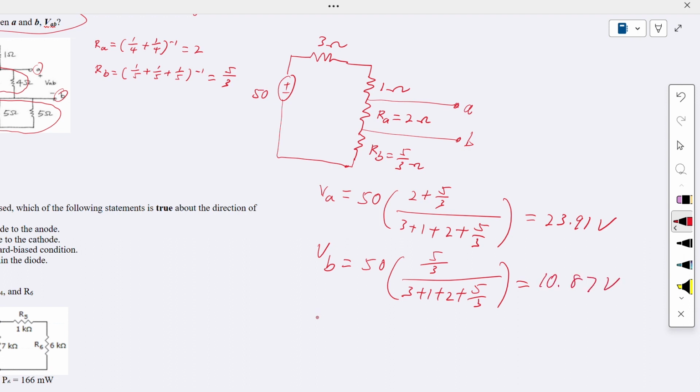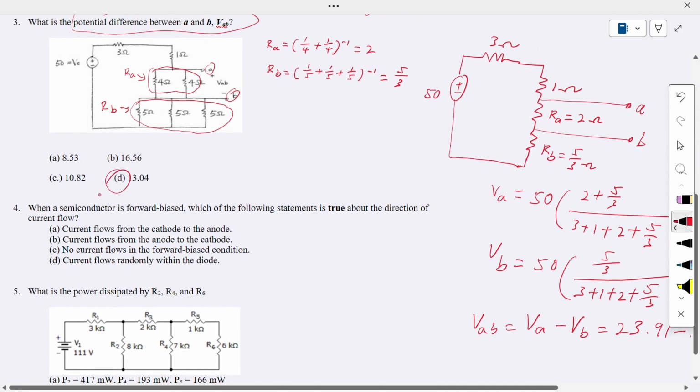So the potential difference between VA and VB, VAB, is equal to VA minus VB, so we have 23.91 minus 10.87. Roughly we get about 13.04 volt. So the answer for this is D.